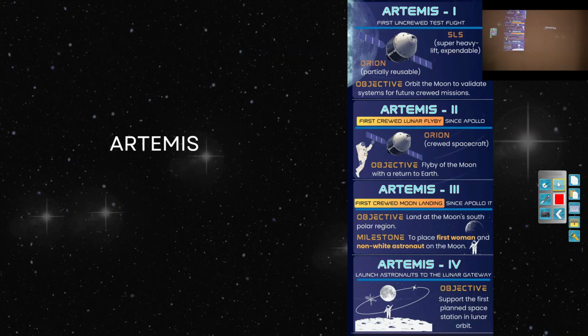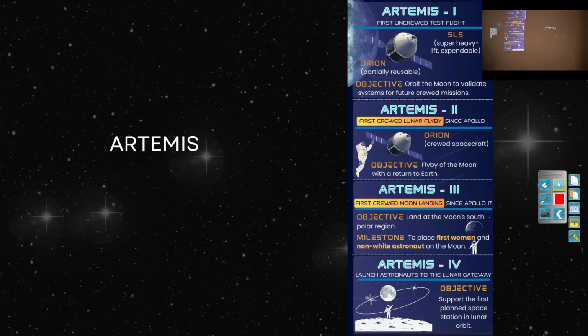It will give an edge for the rocket to go faster and land on the Mars surface. So that's why they are going to have a space station in the lunar orbit. That is Artemis 4, and it will take more time, probably in the 2030s or sometime it will happen.